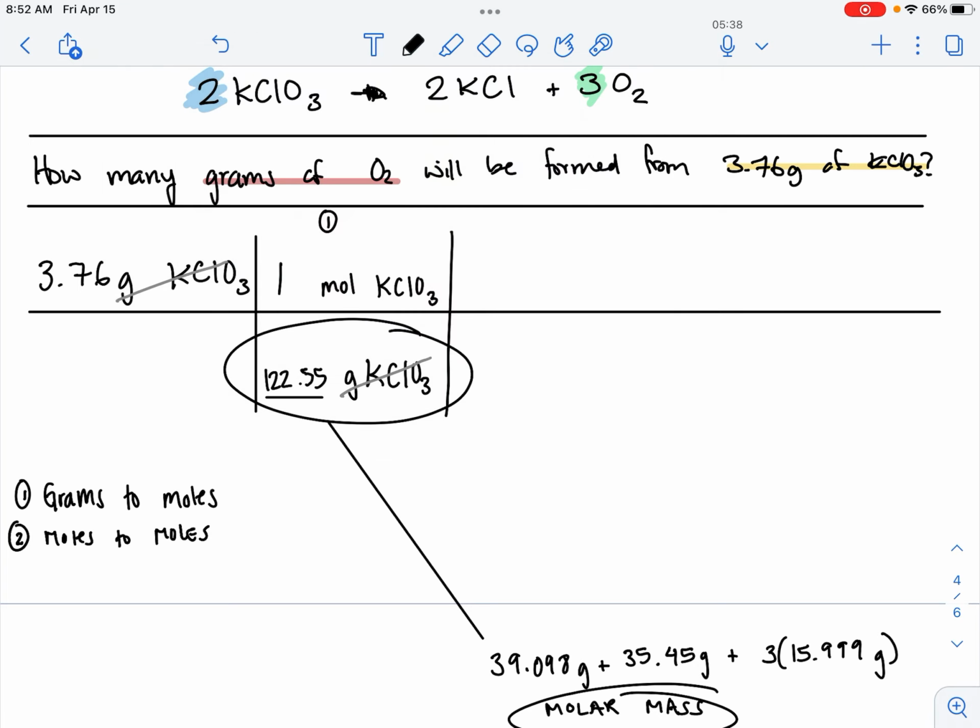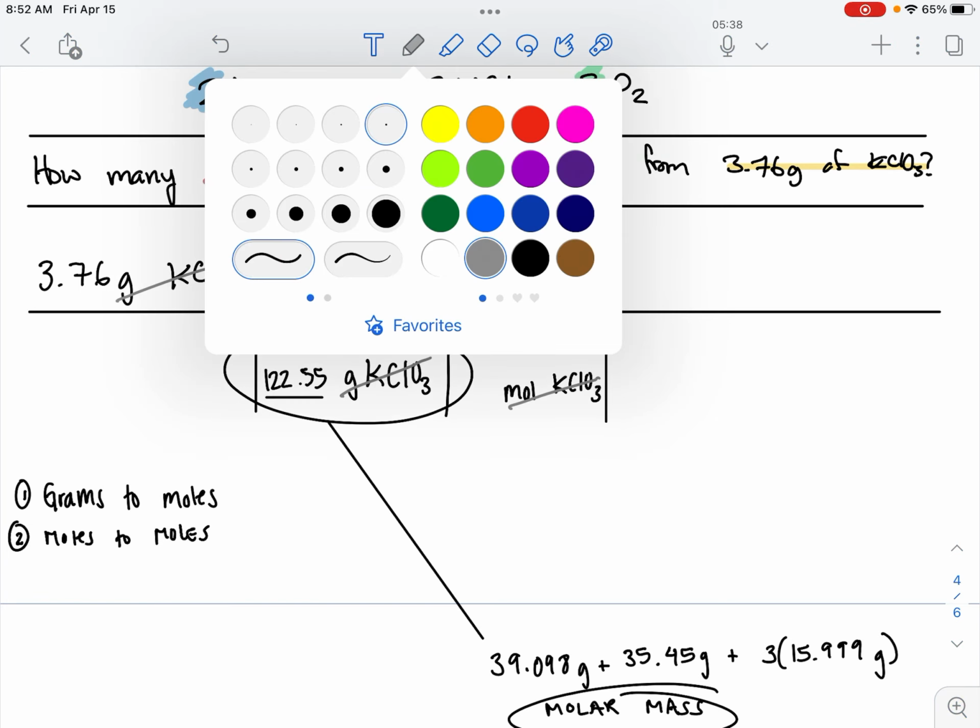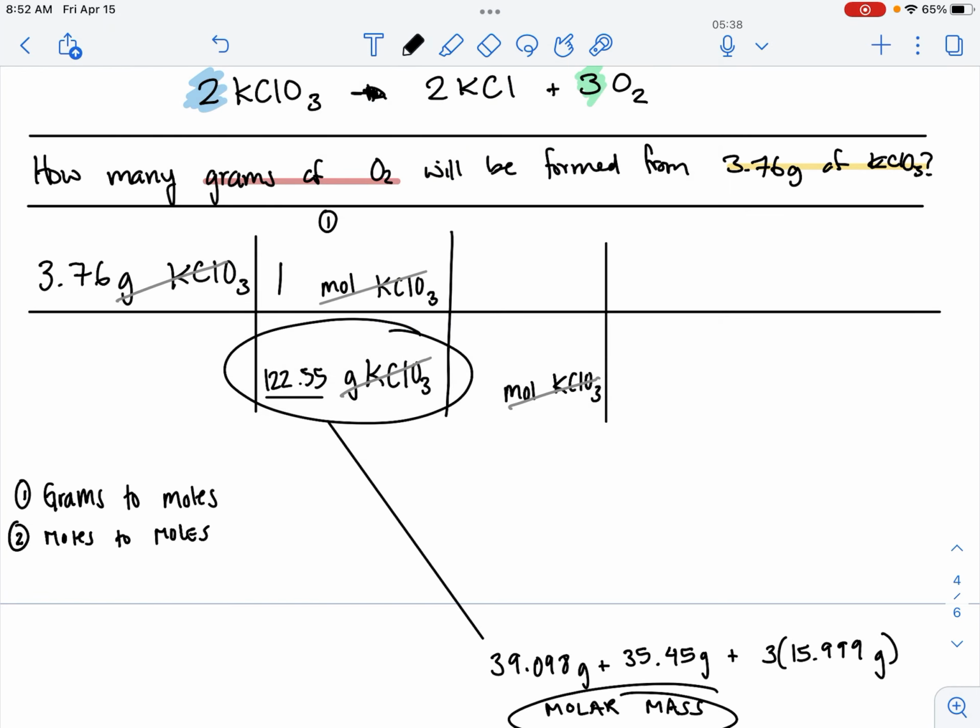If I want to cancel moles of KClO3, I have to do it on the opposite side, because that's how they cancel, or divide. So I'm going to write moles of KClO3 to cancel these units right here. But I'm not done. I have to write what I want. What I want is moles of O2, because that's what the problem is asking for.